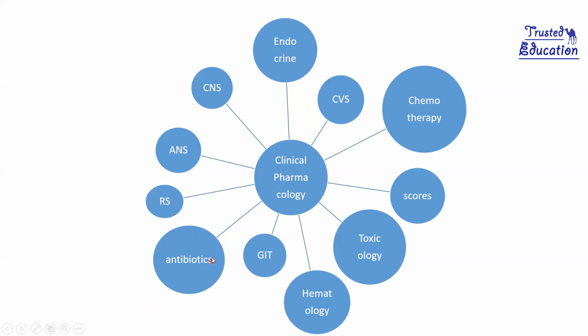Antibiotics. Antibiotics, we can say it is the fourth part. If we say the cardiovascular is the first, endocrine is the second, CNS is the third, antibiotics are the fourth part in terms of number of questions that you will find in the exam.